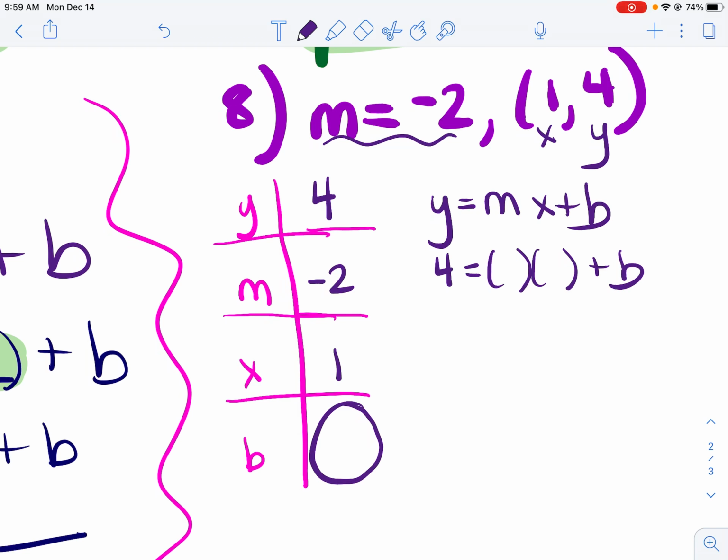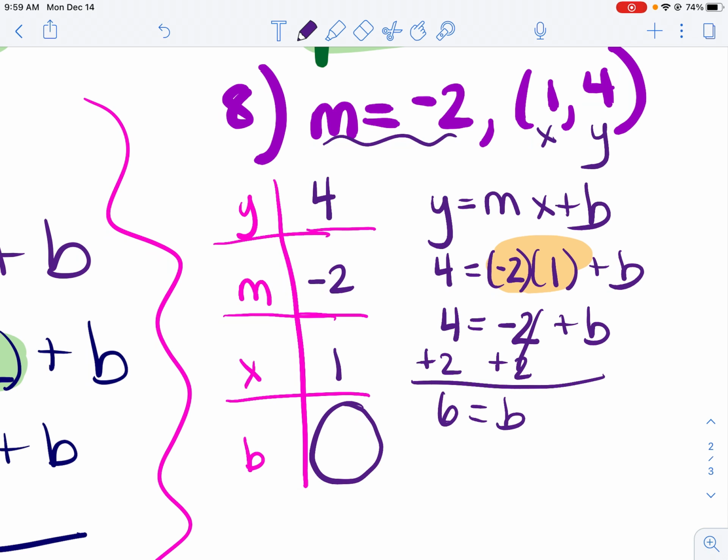And instead of putting in m, I'm going to put in -2. And x, I'm going to put in 1. So let's evaluate here. 4 equals -2 times 1 is -2 plus b. And then in order to get b by itself, we need to add 2 to both sides.